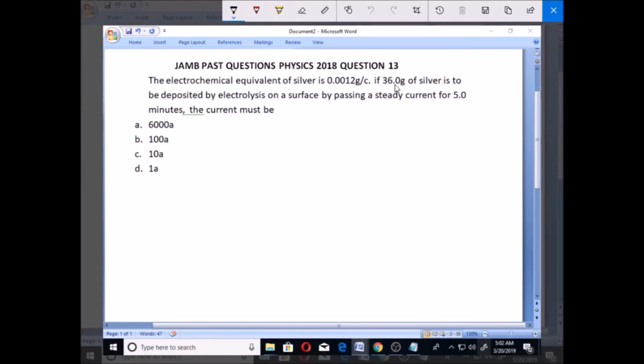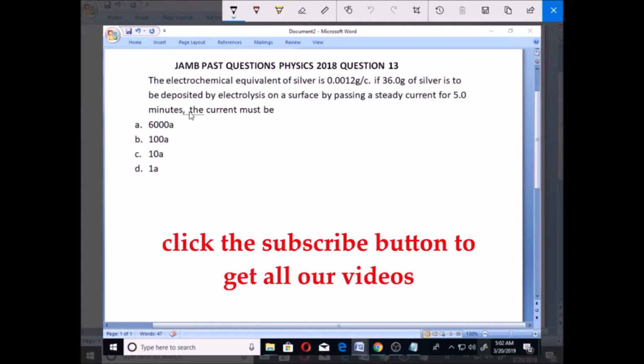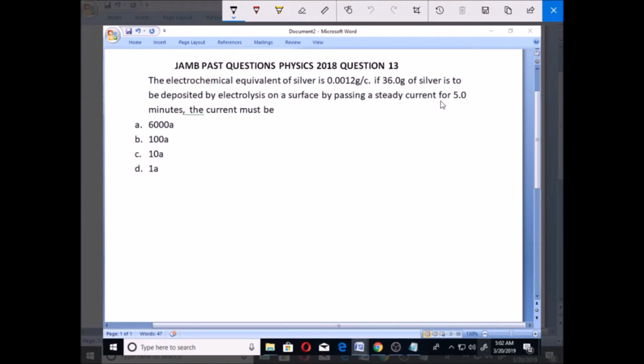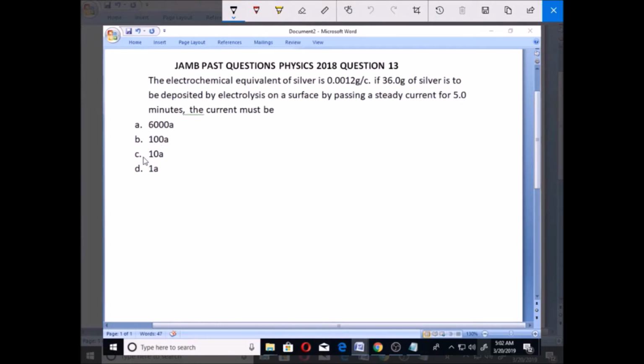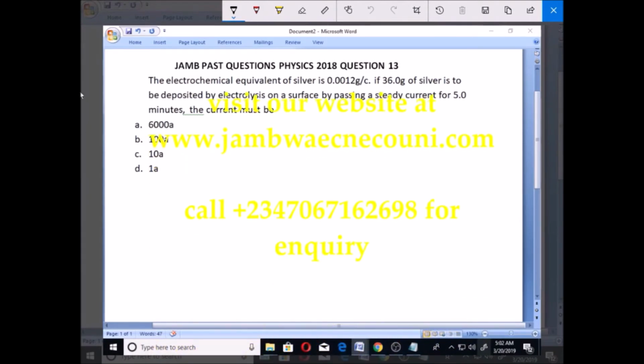If 36.0 gram of silver is to be deposited by electrolysis on a surface by passing a steady current for 5 minutes, the current must be A. 600 amperes, B. 100 amperes, C. 10 amperes, D. 1 ampere.